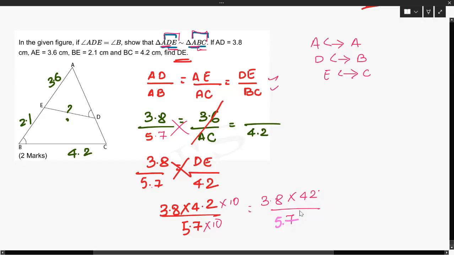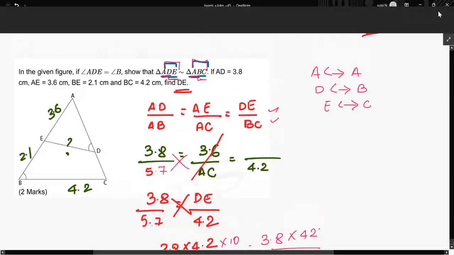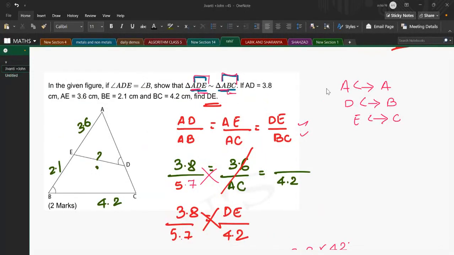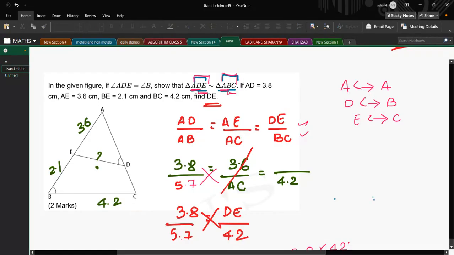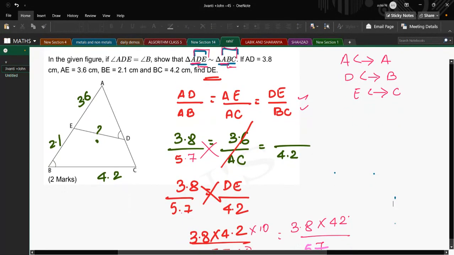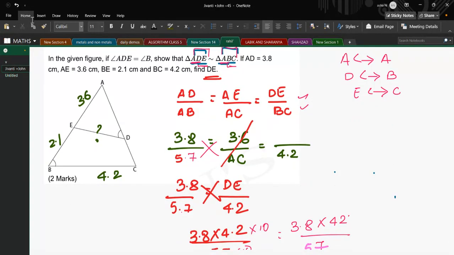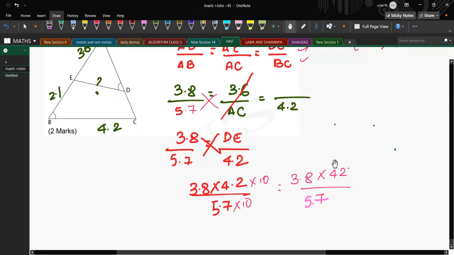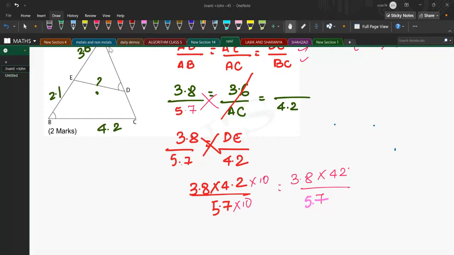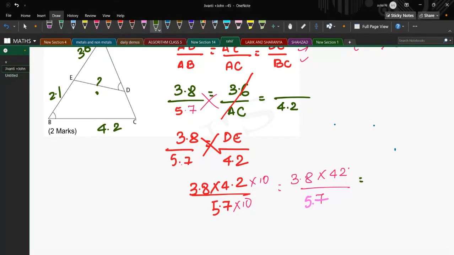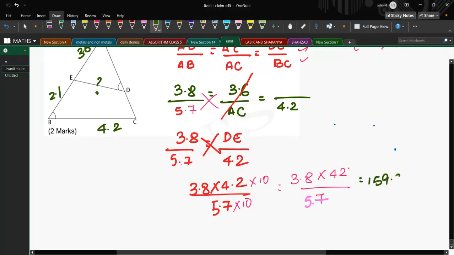Okay, I think it will come in some decimal points only. Okay, let's multiply 3.8 into 42. 38 into 4.2 divided by 57. 159.6 upon 57.